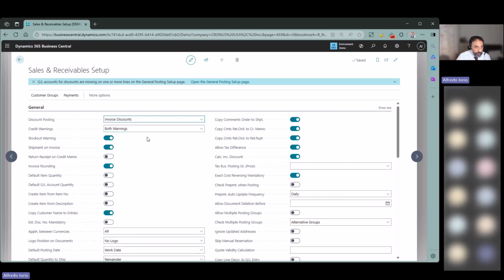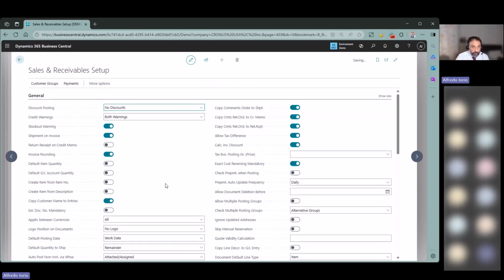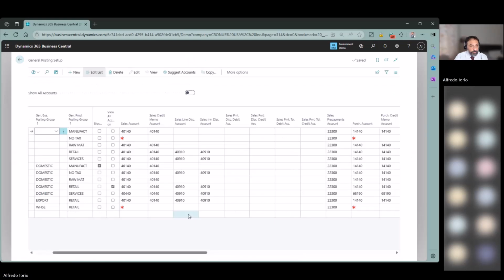And if you have no discounts at all, these two columns are not really used because what you end up with is the net amount hitting your revenues. The discount will just not be posted.